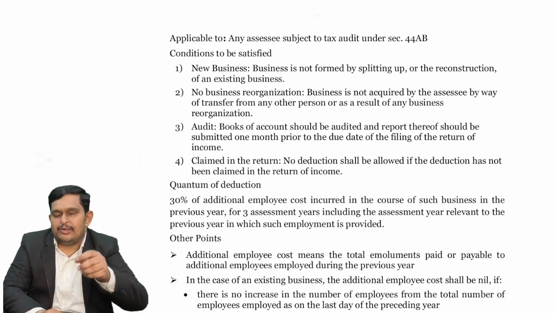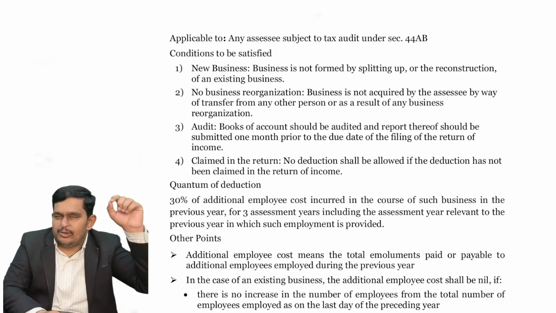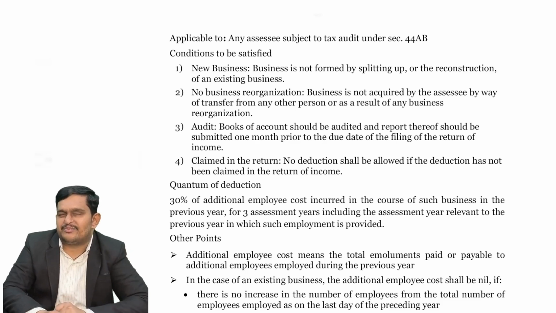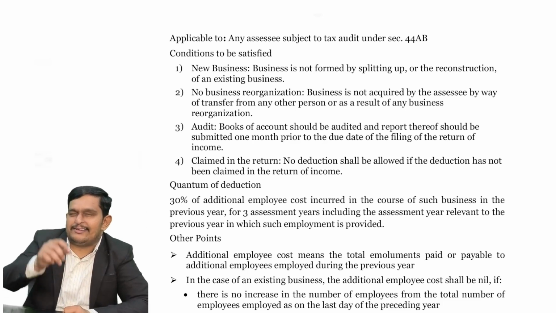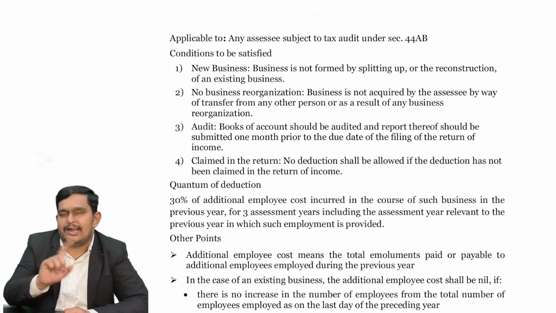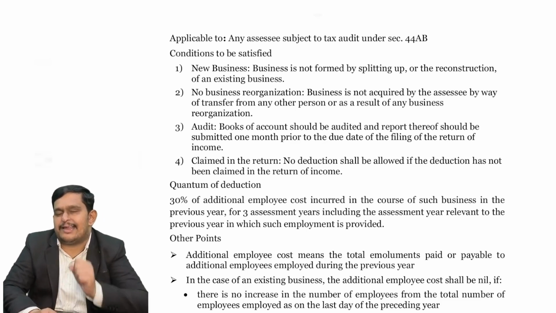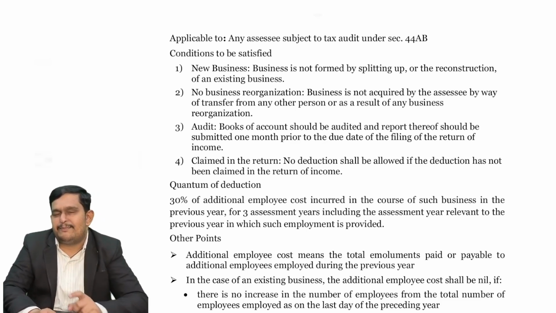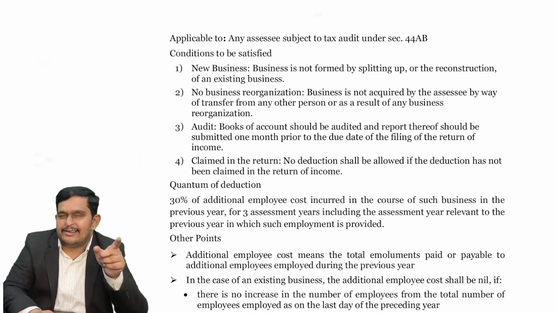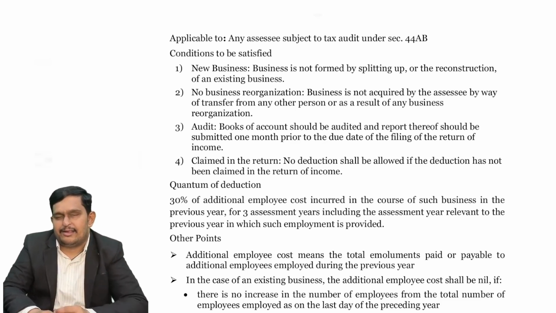You already paid 20,000 salary, correct? So under section 37, you claimed 20,000 deduction. Here you are getting 6,000 extra. So you are not getting 100% deduction. You are not getting 30% deduction. You are actually getting 130% deduction. 100% under section 37 and 30% under 80JJAA.